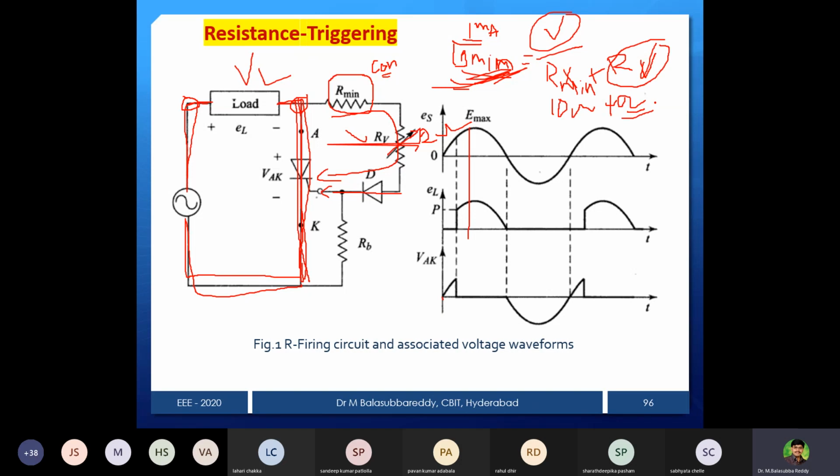Instead of 2 ohms, if I keep 3 ohms, then what will happen? If I increase the resistance, you need more voltage to get 1 milliampere of current. That more voltage may be required somewhere else, here. Then at that instant only we get IG minimum. Then your voltage waveform will be like this.